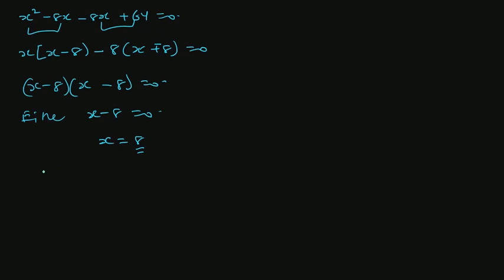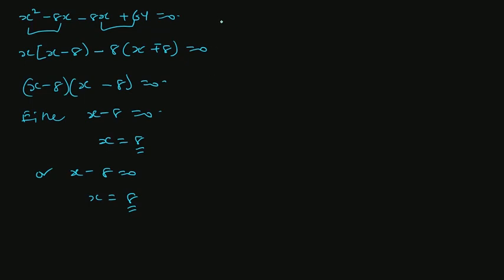Even when we say x minus 8 equals 0, we end up with x as 8. So the values of x are 8 and 8. They're repeated roots. There's no problem with that.